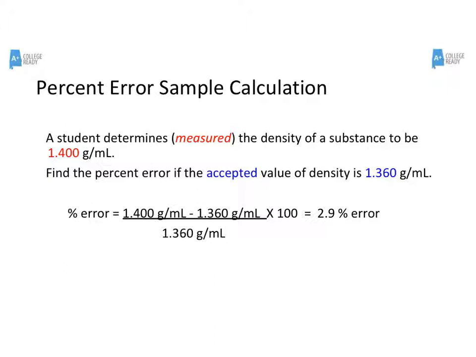So here's an example. A student determines or measures the density of a substance to be 1.400 grams per ml. So what this means is the student took some mass readings, measured some mass and measured some volume of a particular substance and then calculated the density.